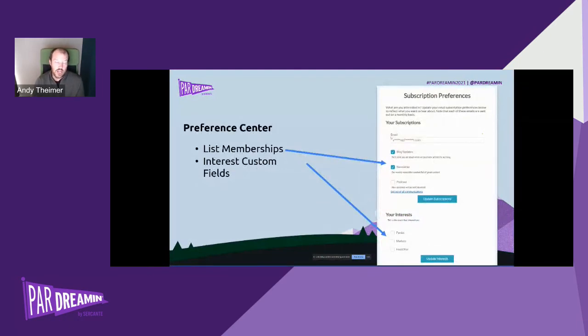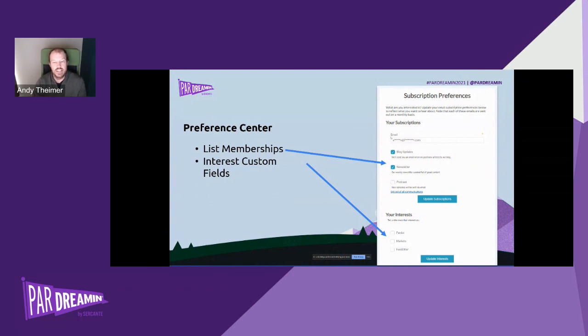If you're daring and adventurous, you can do some other fun things to simplify preference collection. Here's an example where I have embedded a custom form into a preference center page layout template. On the top, I have the basic subscriptions where people opt into blog updates and newsletter or podcast episodes.